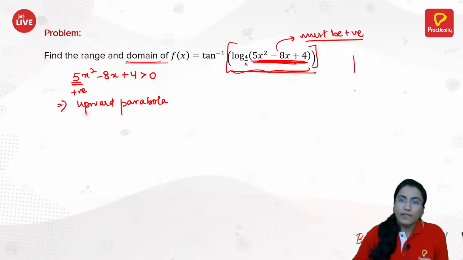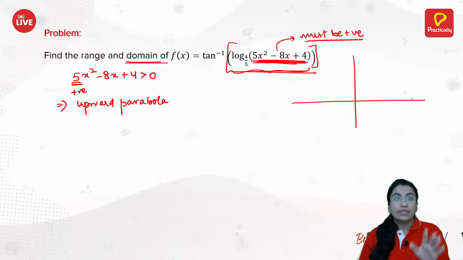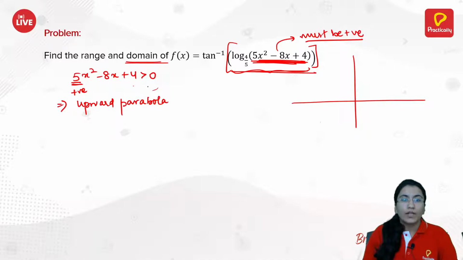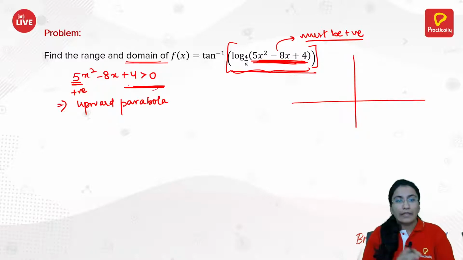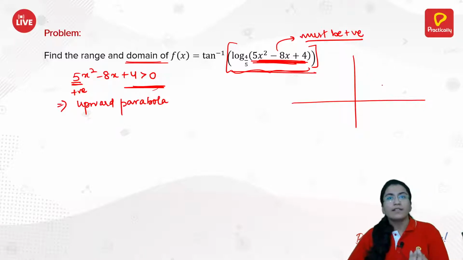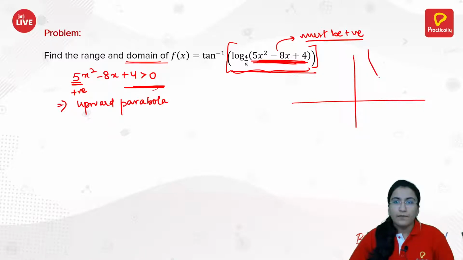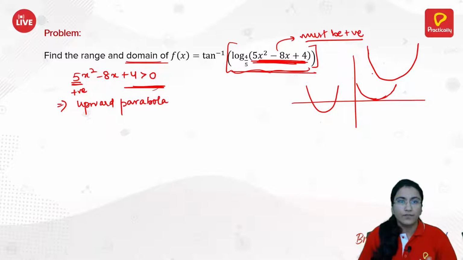The constraint is that this upward parabola must always give positive values. So the graph must be somewhat like this. There are three cases we can have.